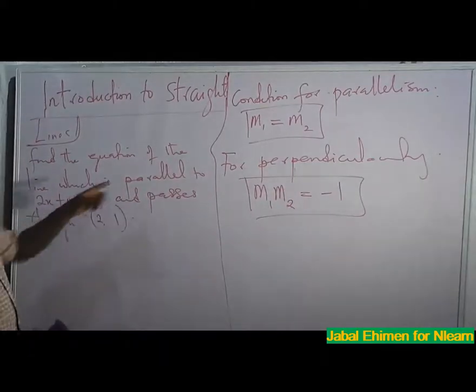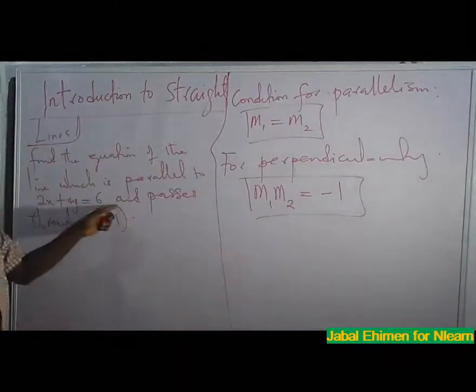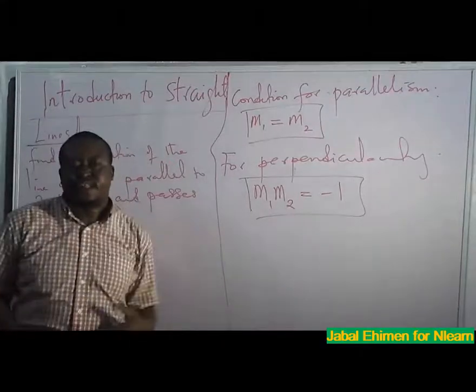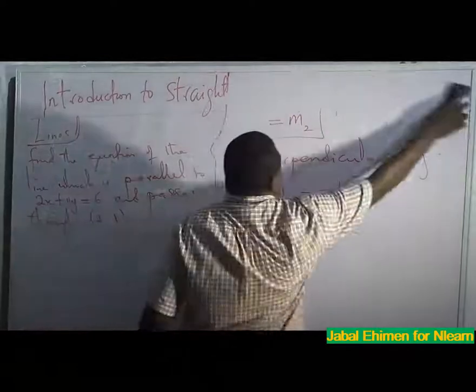So we are looking for the other line, but the one line we know has this equation. Immediately we get the other line, it passes through this point. So it's easy to find.